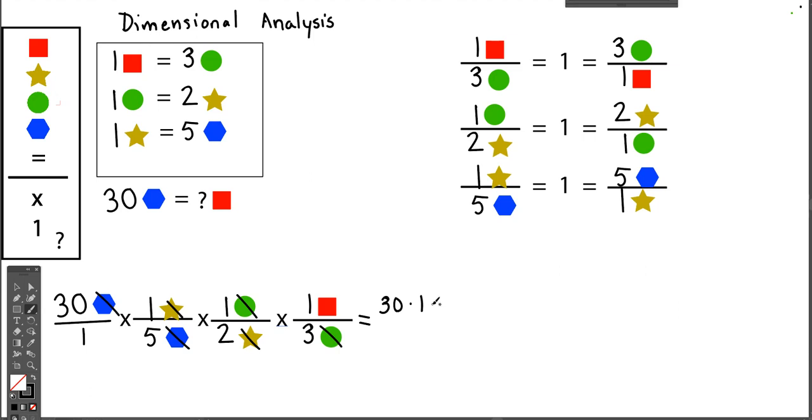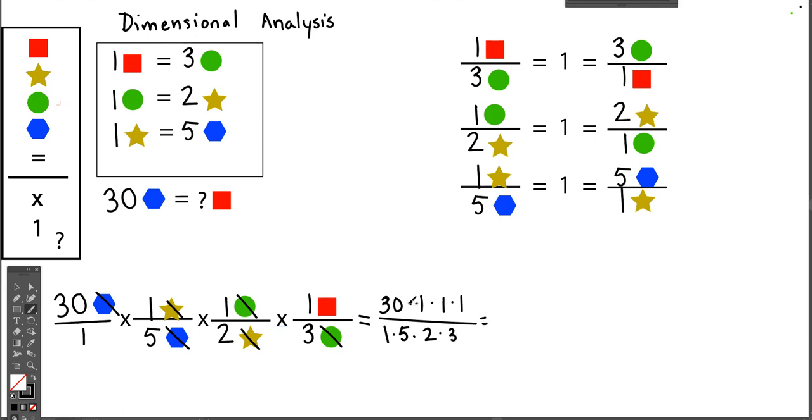Get used to being flexible with how you see things. So 30 times 1, that's right here. 30 times 1, and we're going to do times 1 times 1. 30 times 1 times 1 times 1, all divided by 1 times 5 times 2 times 3.